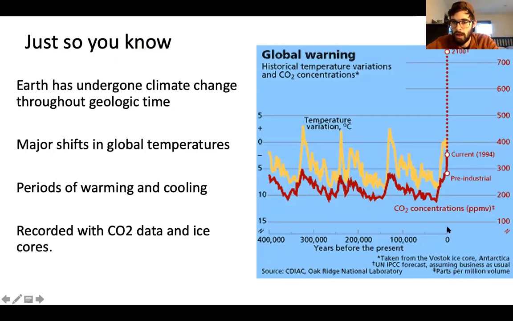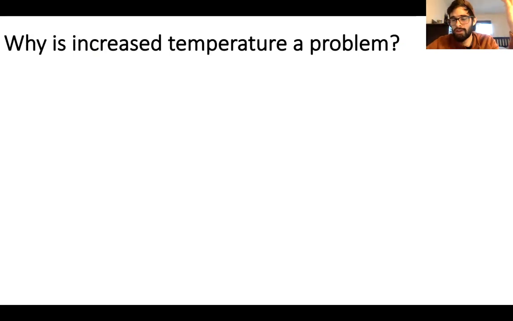Look at the time point 0, that's where we are now, or I guess this graph's a little bit old, 1994, but you can see the general trend is shooting way up compared to some of these previous trends that we've had. But this graph also does a nice job of showing that as CO2 concentration goes up, the temperature will also go up.